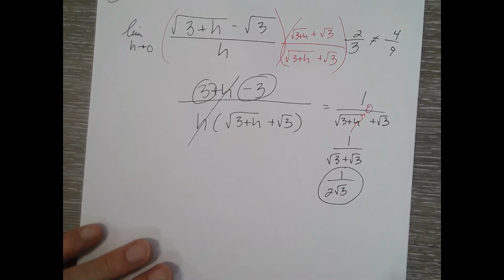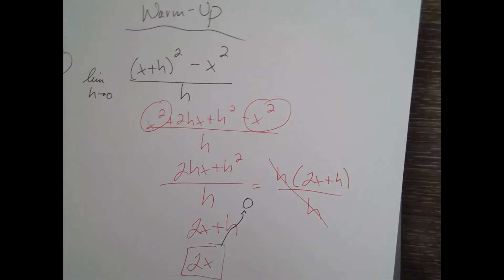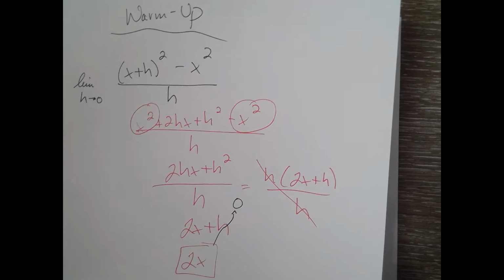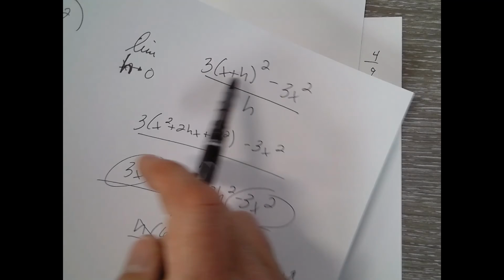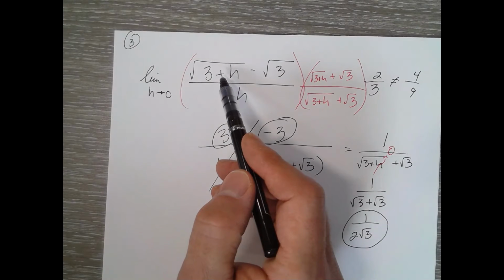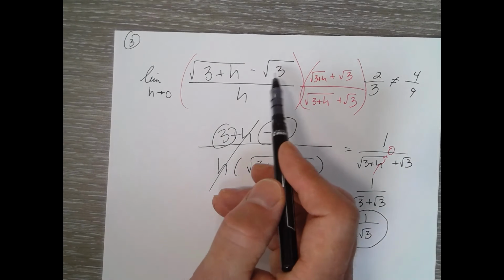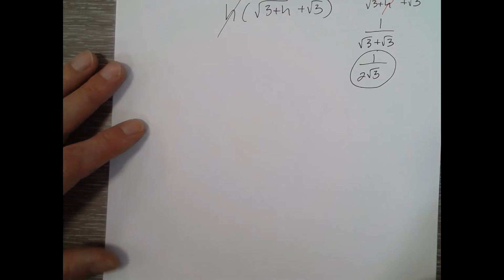Alright, so what we have just done with all 3 of these, they're kind of in the same format. I've got an x plus h there and just an x there. I've got an x plus h there and just an x there. This I don't have an x, but I have a 3 plus h here and a function in terms of 3 there. Those are all similar. Those are called difference quotients.